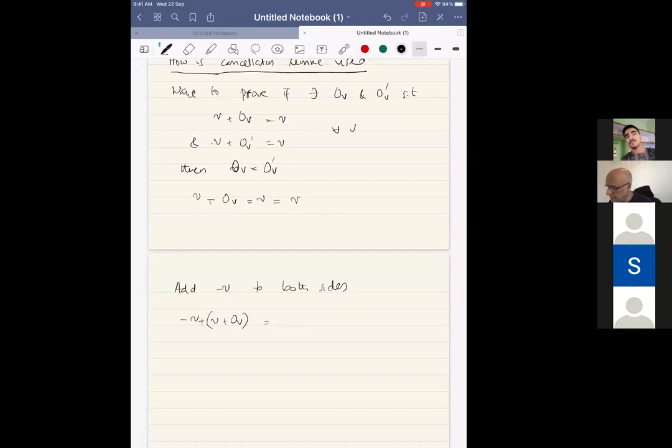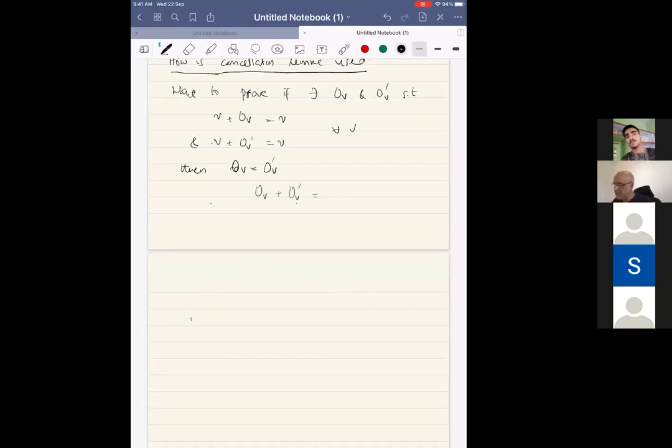Can't we just do it without the existence of minus v? Just 0v plus 0v dash is 0v, and it's also 0v dash. So 0v equals 0v dash. Yeah, thank you. Very good. Yeah, look at 0v plus 0v prime.